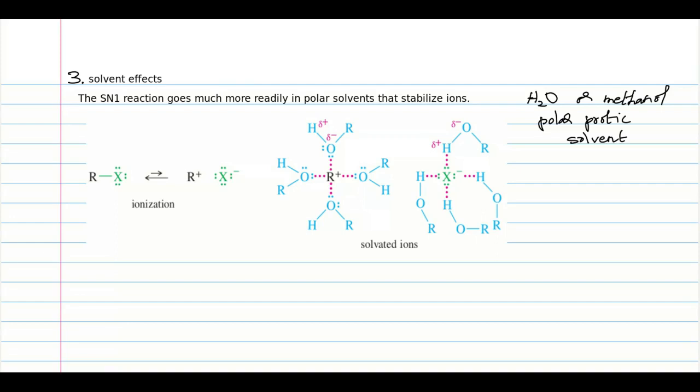And how do they help in accelerating the SN1 reaction? Now, polar solvents such as methanol and water form hydrogen bonds with the anion, that is the leaving group, and also with the cation, which is the carbocation in this case.